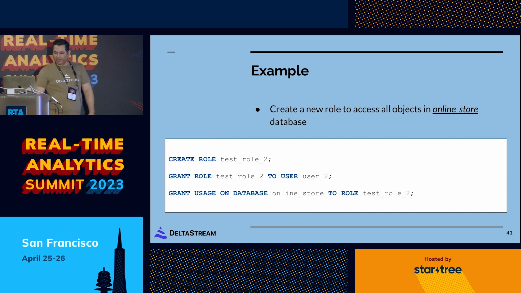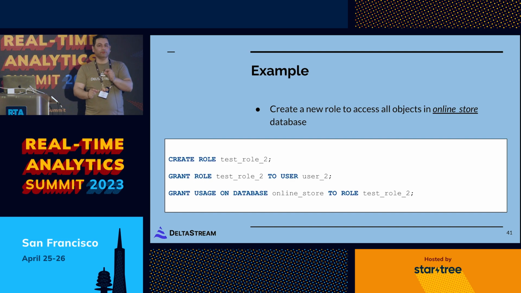Another example: imagine, you remember we created a database. In the previous example, I was giving more granular access, for instance, for a stream or for a materialized view. Here, I want to give access to the whole database, all of the schemas and all of the relations in those schemas. Very easily, again, you create a new role, you bind this role to the user, and you give usage on the database to this role.